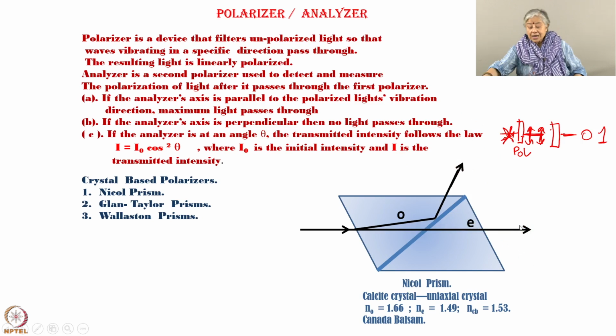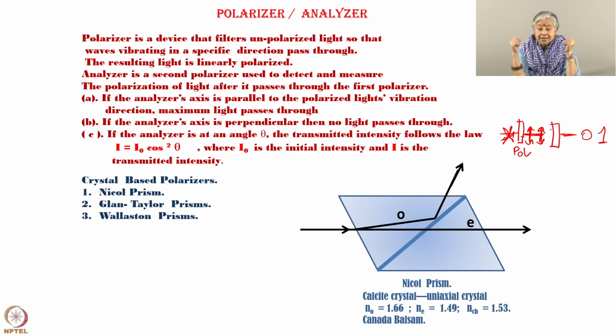We started off with unpolarized light, and we've got two distinct light fields which have a different polarization. That's what Nicol prisms are used for, to make a polarizer. And an analyzer is another polarizer. So if you use these two together, you can use it as a polarizer and analyzer.